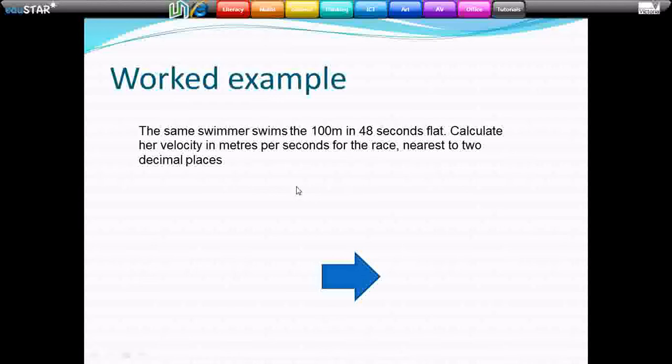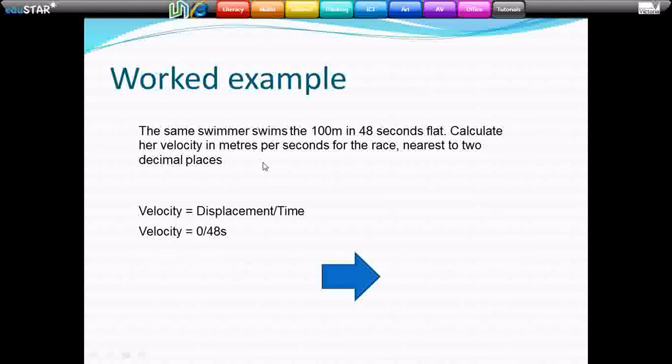The same swimmer later on in the meet swims 100 meters in 48 seconds flat. We need to calculate her velocity in meters per second for the race, nearest to 2 decimal places. So again, we are trying to calculate velocity, so we use the formula velocity equals displacement divided by time.